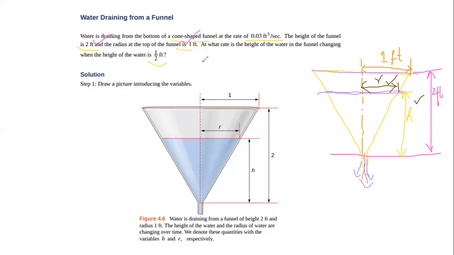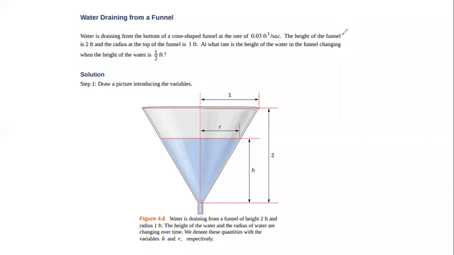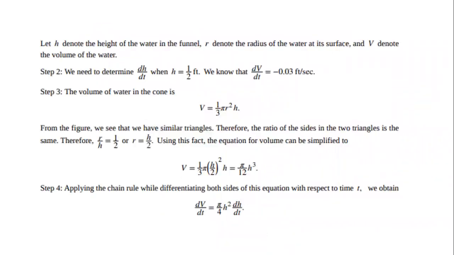So we have to find at what rate the height of the water is changing when the height of the water is this. Okay, so I have to find the rate of change of the height of the water when the height of the water is half a foot. Okay.